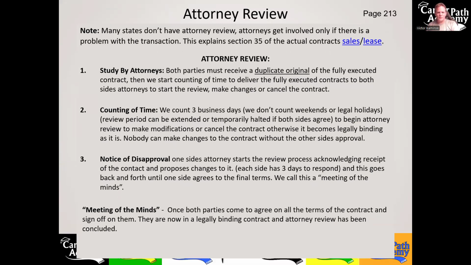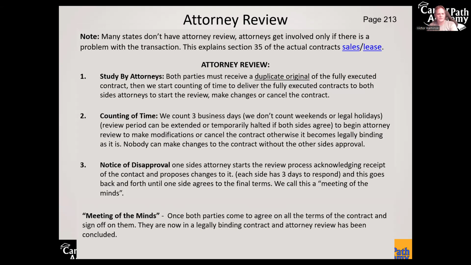So attorney review can be done in an hour. It can be done in 3 days. It can be done in 3 months. It's just when they say attorney review is 3 days, that just means that each party has 3 days to respond to the last, so that we can make sure that the ball keeps rolling. They keep communicating with each other.